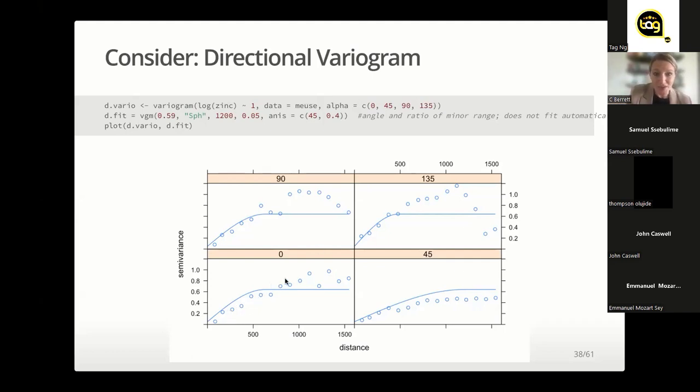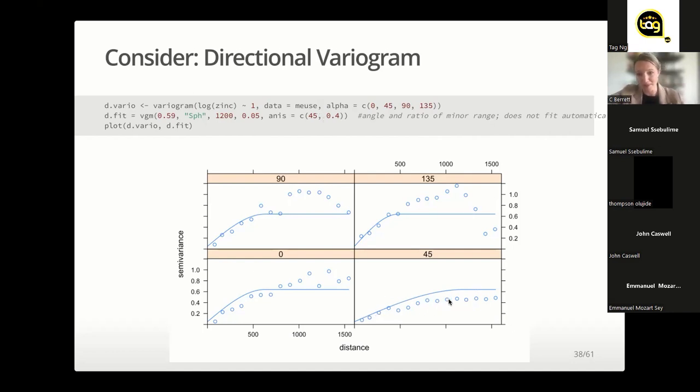So it does look like there is some difference here. It looks a lot flatter sooner at the 45-degree angle than at these other angles. There isn't a way in the gstat package to automatically estimate that, so what they did is just provide it by eye. They say at the 45-degree angle, that's the maximum range.